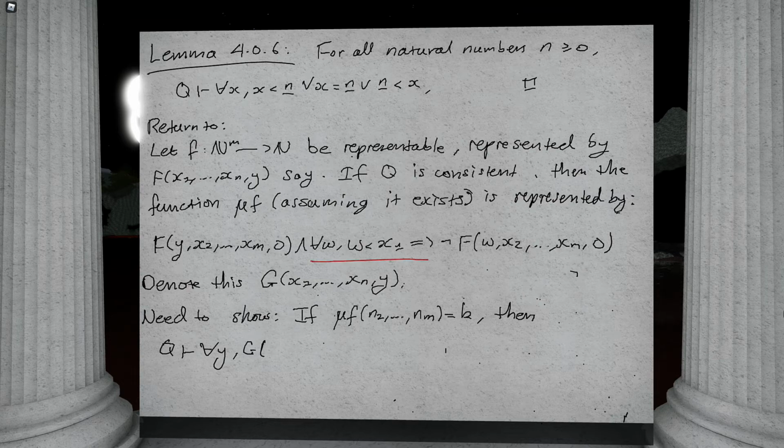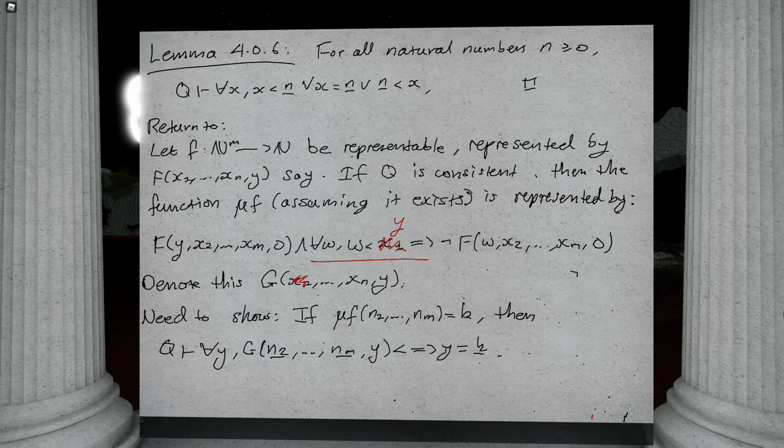Okay, sorry. Returning back here, this x1 is just meant to be a y. You can see that down here, so this argument here doesn't exist. And what I'm saying is that G of n2 underline up to nm underline, y is true if and only if y is equal to underline k.